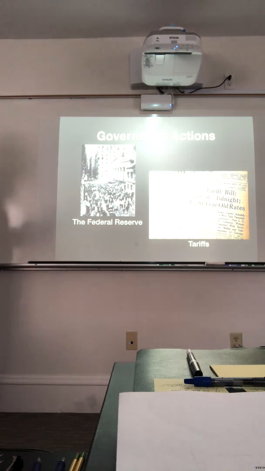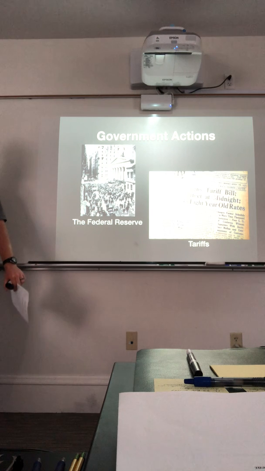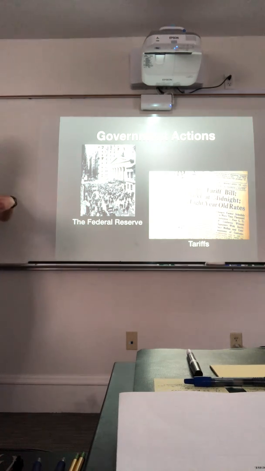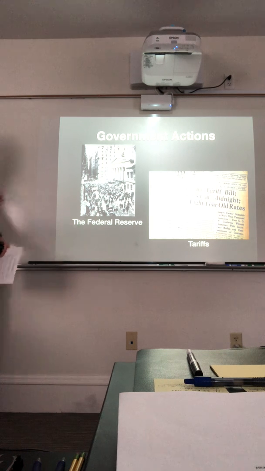As the Great Depression starts, the Federal Reserve took an action, and I'm not well versed enough in economics to explain exactly why they took this action, other than to say they thought that it perhaps would help.